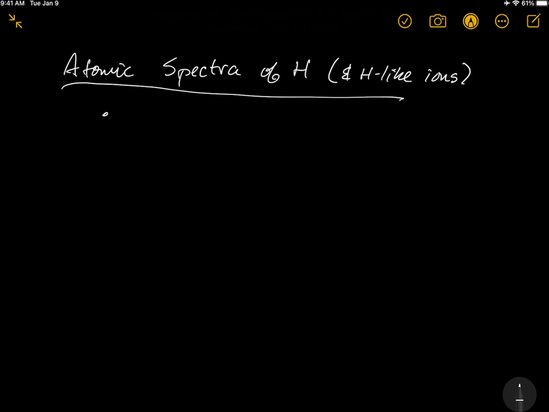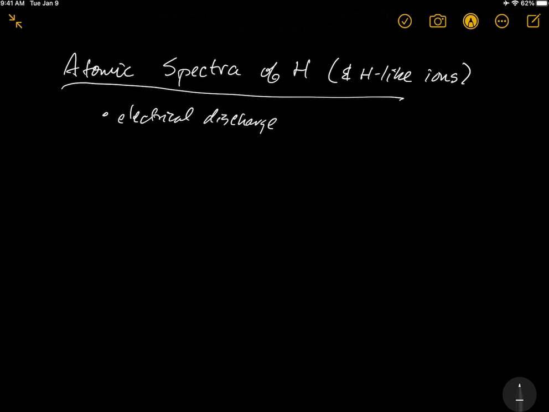You can set up an electrical discharge tube, so this would be a cathode ray tube in which electrical energy first dissociates hydrogen H2 into individual atoms, and then ionizes some of them, and there's a series of relaxation processes for the atoms in the excited state.